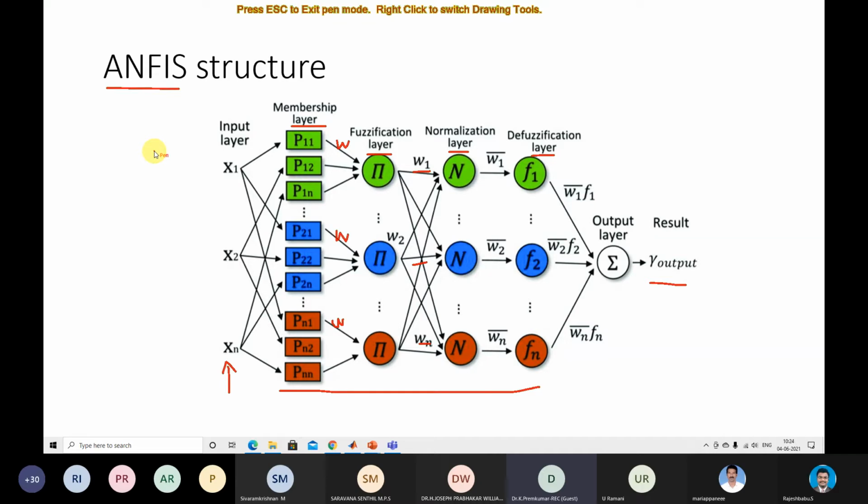That network looks like a neural network, but the operation mimics the fuzzy logic system. So the network is like a neural network, but the operation inside ANFIS is similar to the fuzzy logic system.